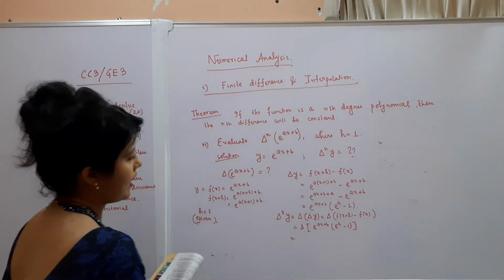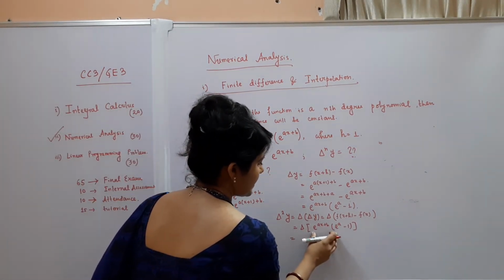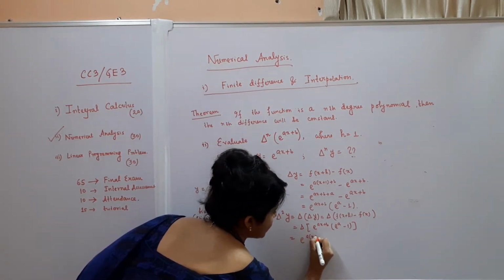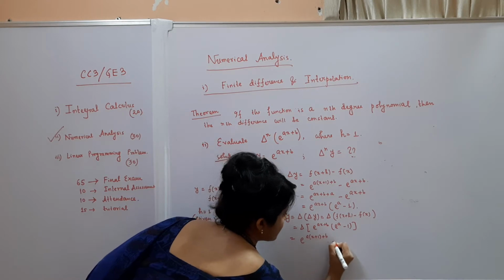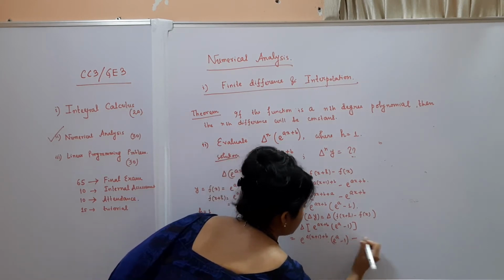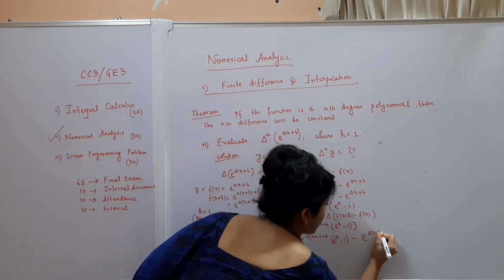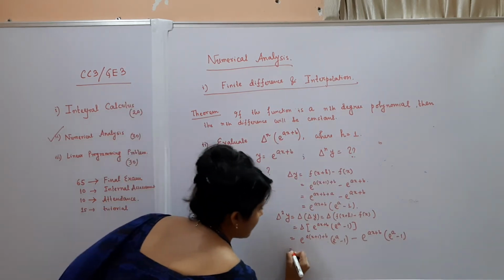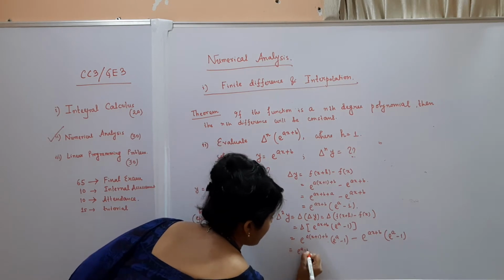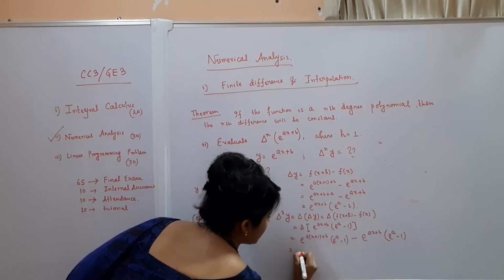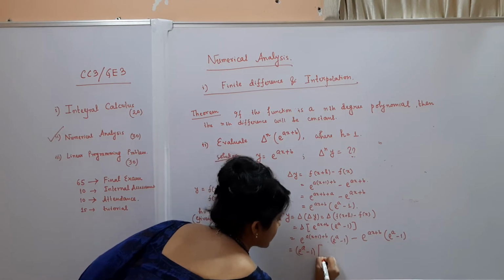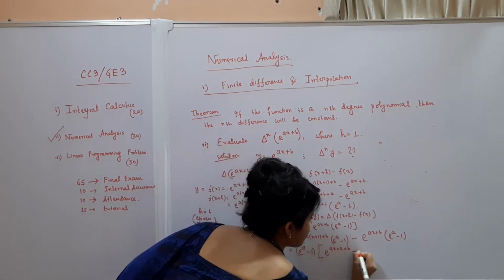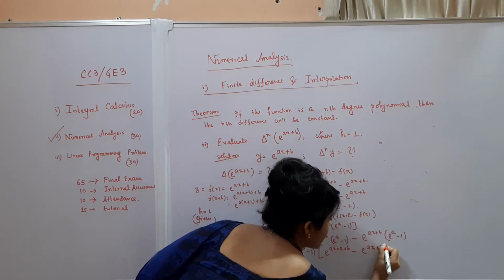Okay. So here also this plus h minus this term. So you can write e to the power a(x plus 1) plus b into e to the power a minus 1, minus e to the power ax plus b into e to the power a minus 1. Here e to the power a minus 1 is the common portion, and here e to the power ax plus a plus b minus e to the power ax plus b.